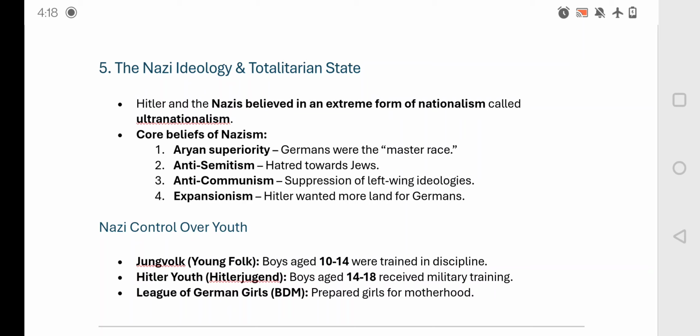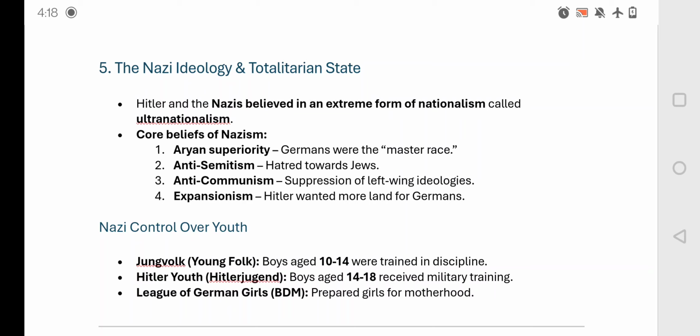And then anti-Semitism, the hatred, they used to hate Jews a lot, because they believed that Jews were the real killers of Jesus Christ. And also Jews used to lend money to poor people, and then trap them in a cycle of loan. So this was one thing.